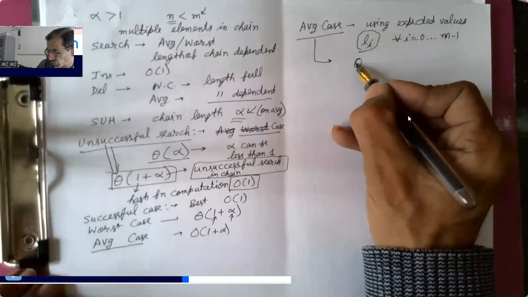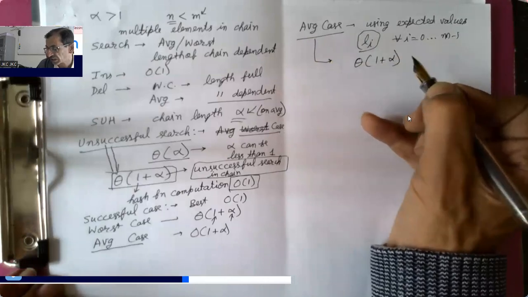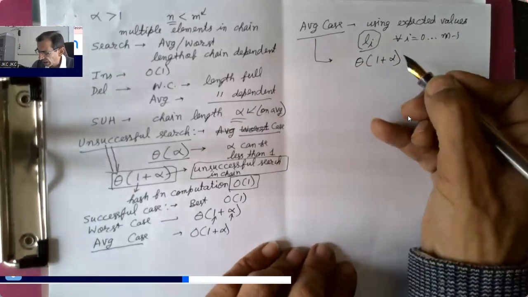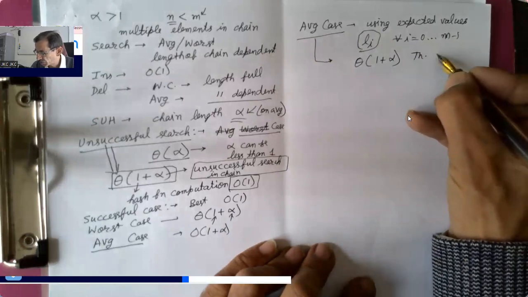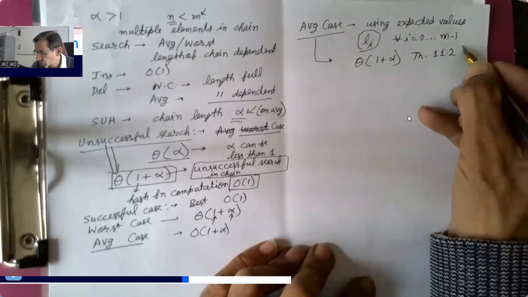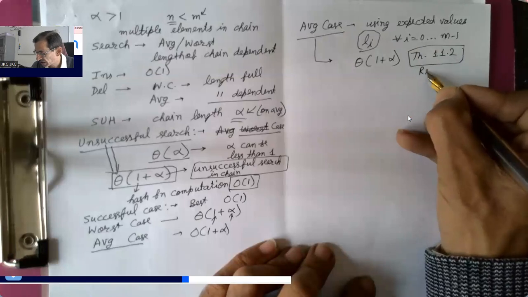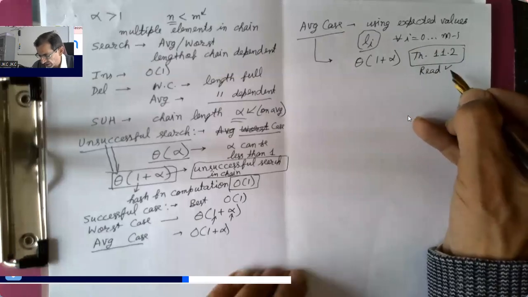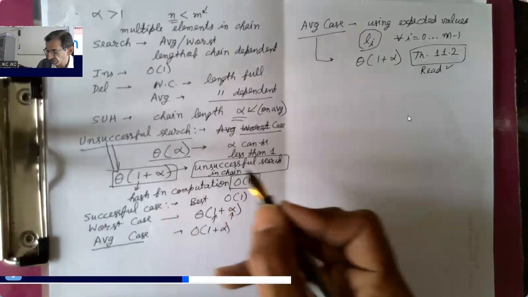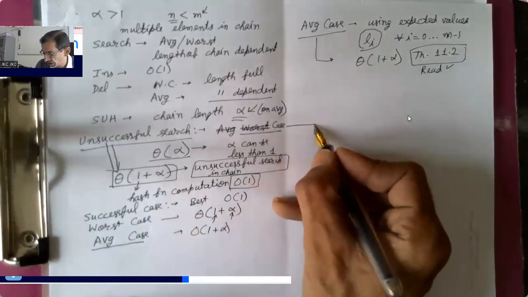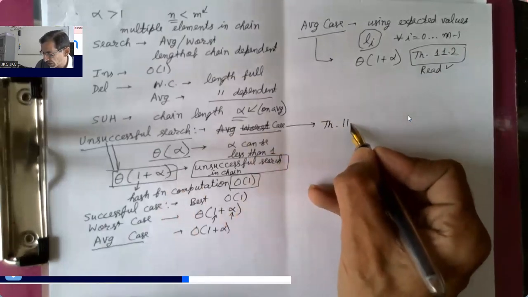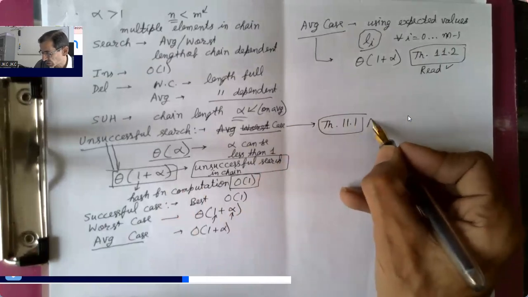This is again shown in the book. This comes out to be theta of 1 plus alpha, and the book gives theorem 11.2 to prove this. So you must read that proof and understand it. The proof for the unsuccessful case is also given as theorem 11.1 in the book. So you should also read this.